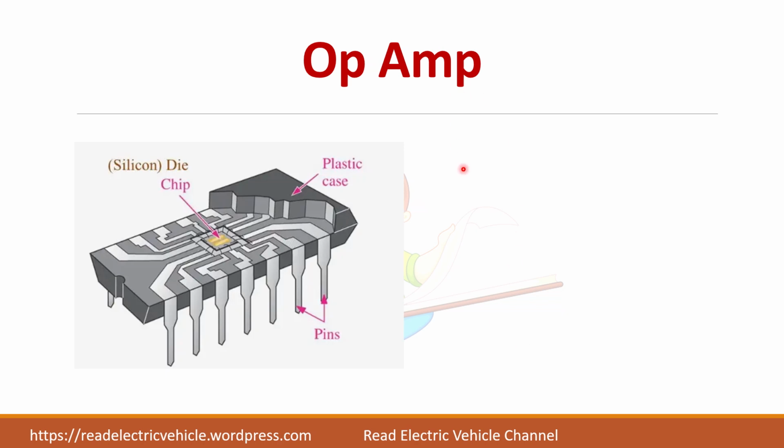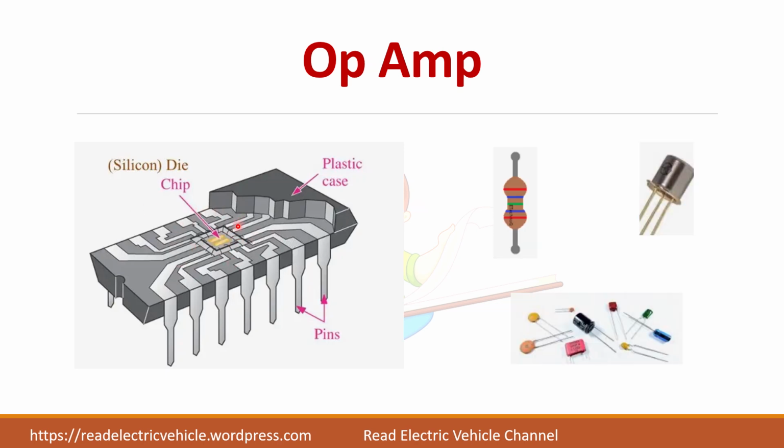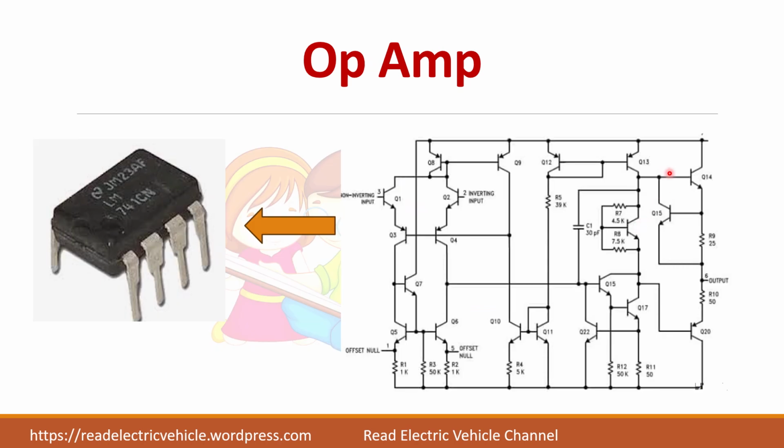What is inside this operational amplifier? If you break it open and see, it will be something like this. What is this actually made up of? Only resistors, capacitors or transistors will be there. If you see inside, some sort of circuit like this will be there. You need not worry about all these things because it doesn't matter to you.